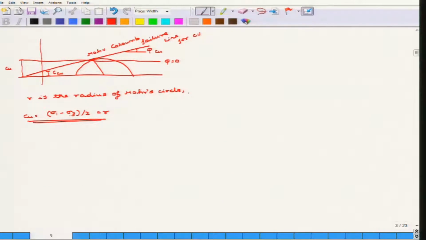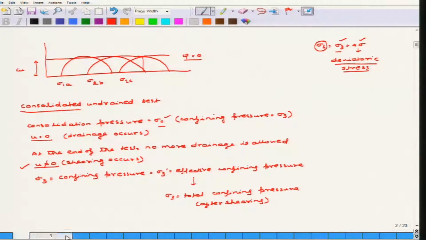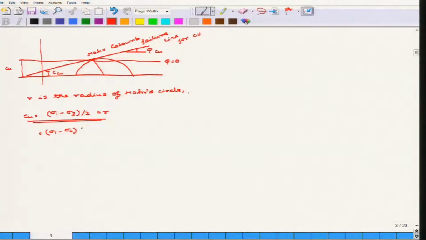So obviously this is equivalent to sigma 1 minus sigma 3 by 2 equal to R. Now for our condition, since we considered that sigma 3 is equivalent to sigma naught, we will take sigma 1 minus sigma naught by 2 equivalent to R.